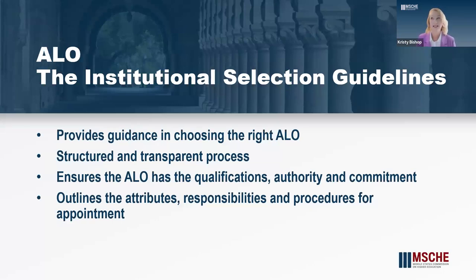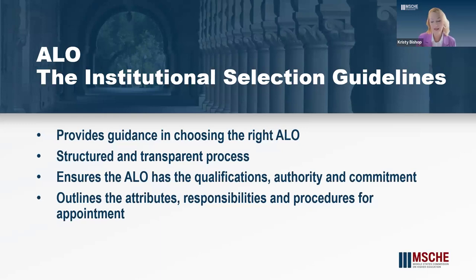There is a really nice institutional selection guideline that KAAE has provided that really helps guide the institution on how to choose the right ALO. So I'm sure this document will be provided very shortly, but it has really good guidelines that provides guidance on how to do this. It makes it a very structured and transparent process so that you know exactly why the person was chosen and how to choose the ALO.